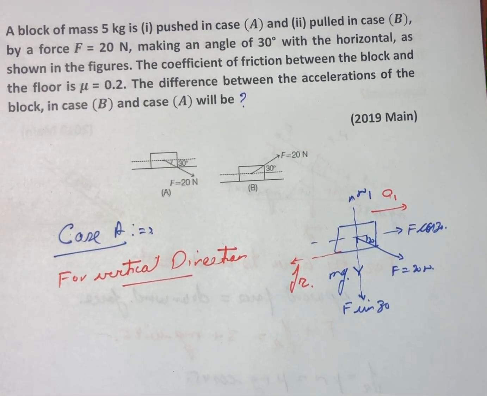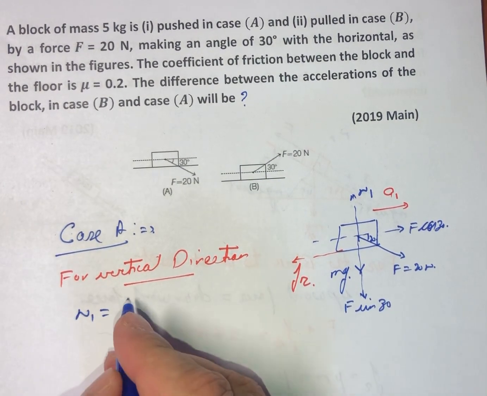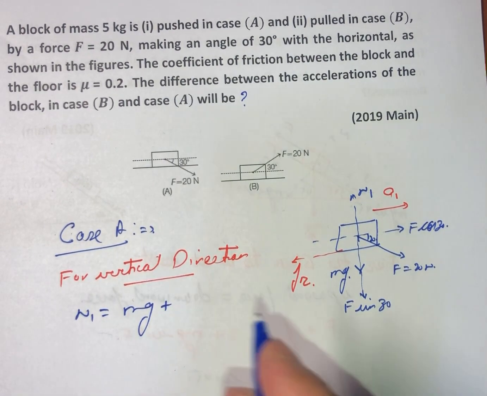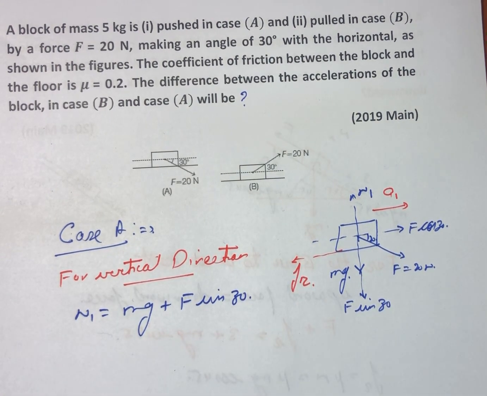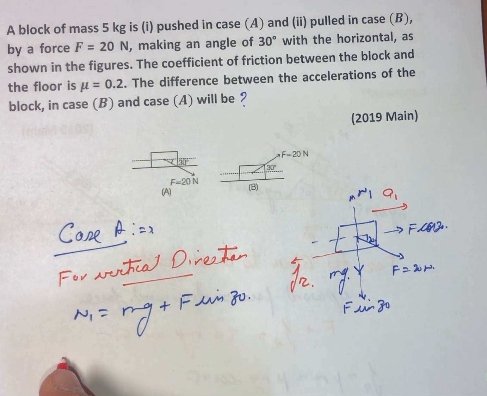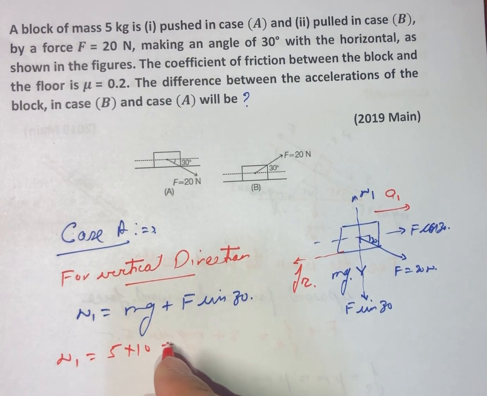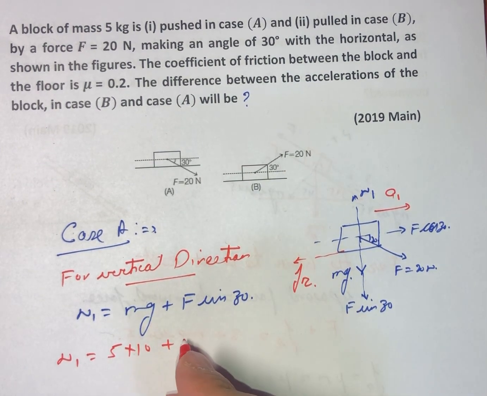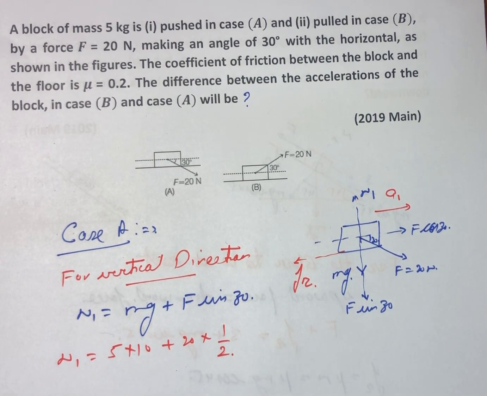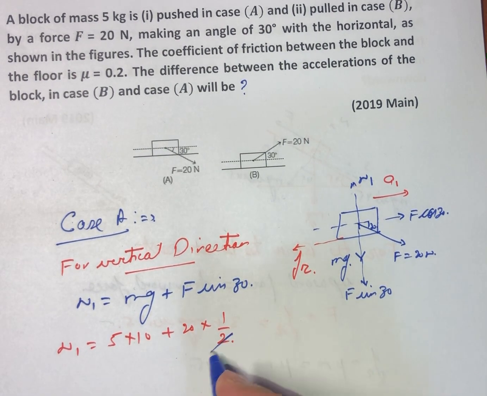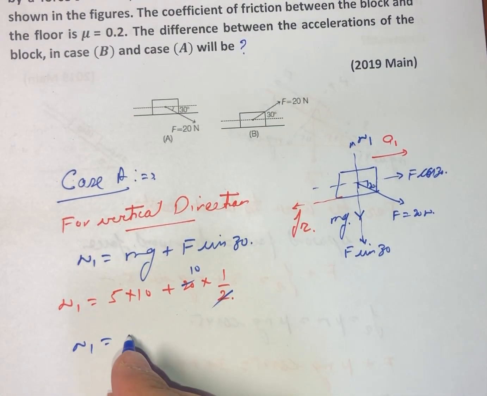So N1 will be equal to mg plus F sine of 30. Here m is 5 kg, g is 10, and the applied force is 20 Newton, and sine 30 is 1 by 2. So N1 is equal to 60 Newton.